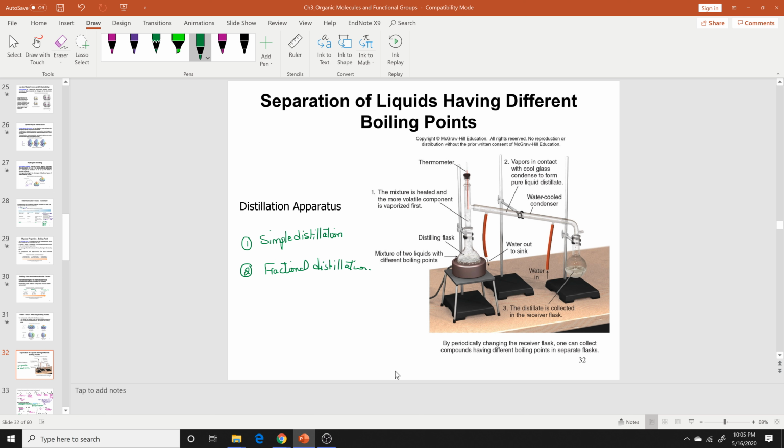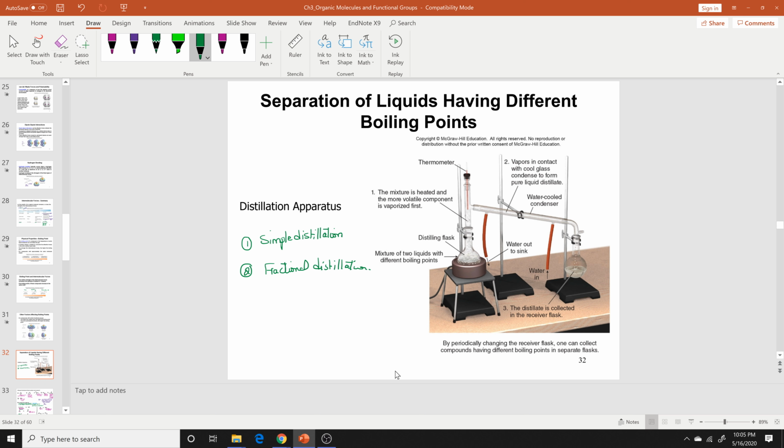This is called a condenser. Now the condenser is normally cold because it has water running through it. So once the gas reaches the condenser, it is going to condense into a liquid. Once it turns into a liquid over here, you collect it in this collection vessel.